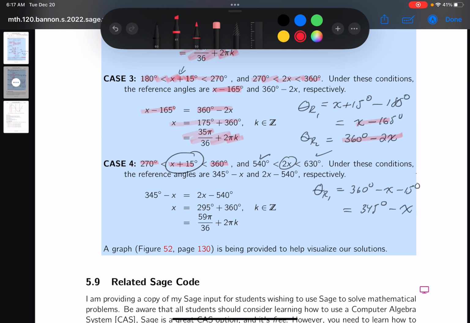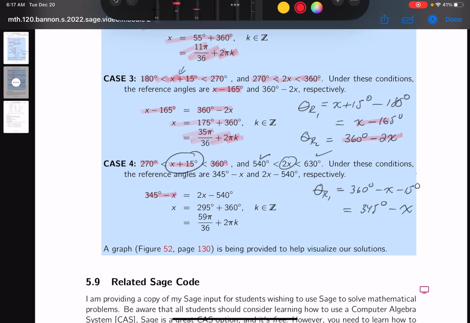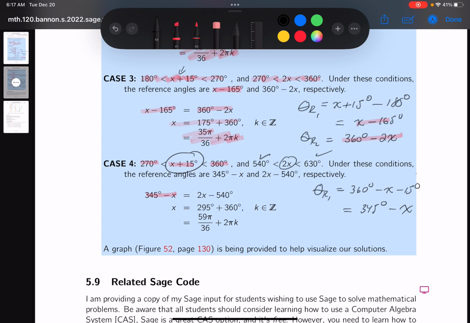All right, I got the reference there. Let's do the other one. What's the other one going to be? I have to be careful with this. It's going to be 2x minus 540 degrees, and that's theta R2. Let's see if we got that written down right over here. And then I solve it, and it's a fairly easy equation to solve, by the way.